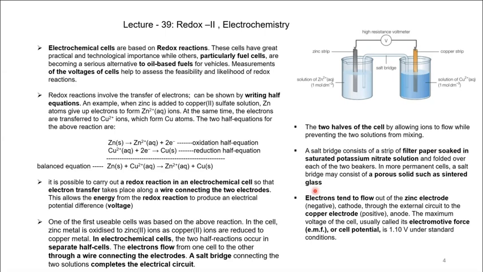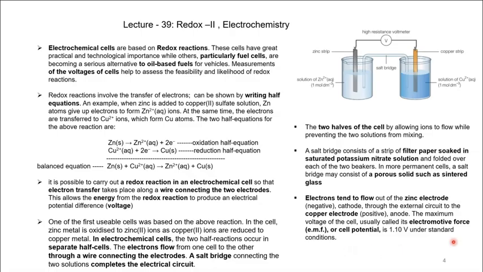So electrons tend to flow out from the zinc electrode, from here, and into the cathode through the external circuit. This is the external circuit, and the electromotive force, which is called EMF, or cell potential, is about 1.10 volt under standard conditions.